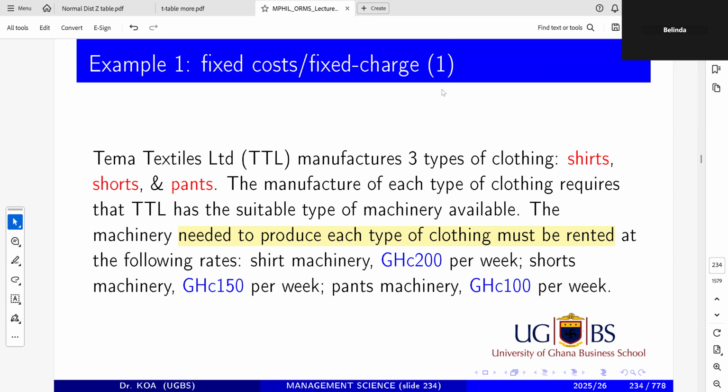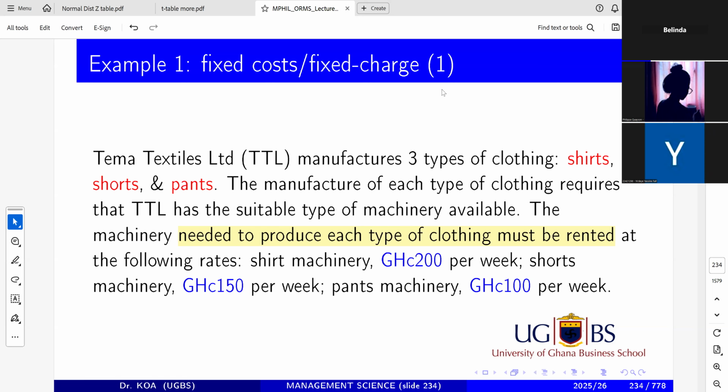All right, so. Huh? Why not type of shirts? Philippa. Because TTL didn't specify the type of shirts they produce.